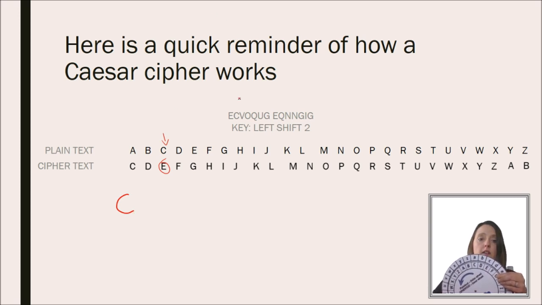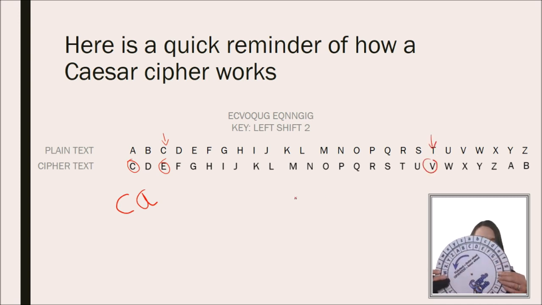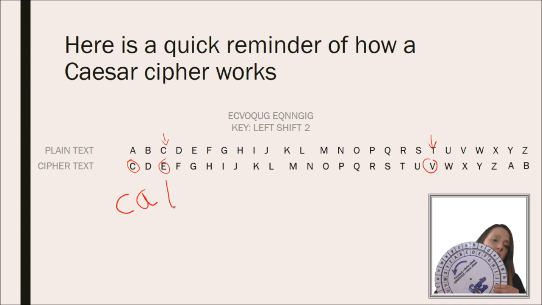The next one in our list is C. So this would be this first letter here, and we can see that C here matches up with the A here as well. So we've got A. And we can continue to do this, so we've got V along the bottom, which is here, and that would give us T. If we find V, which is here, you'll see this gives us T as well.